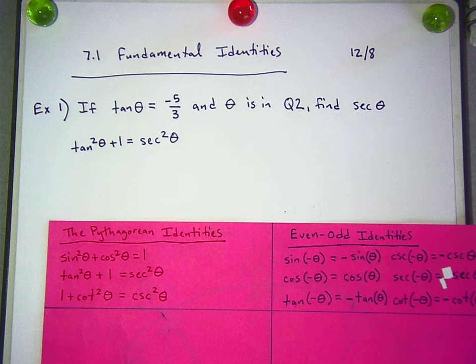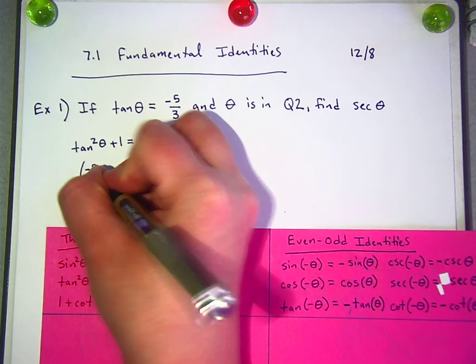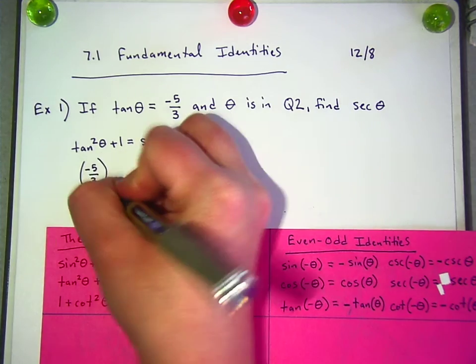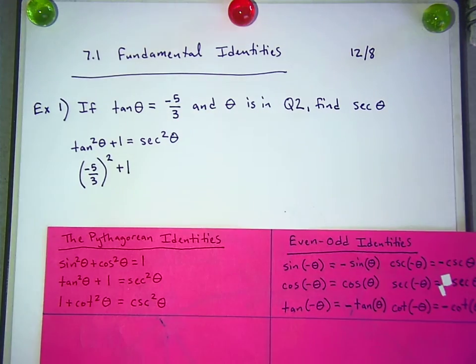Okay. So what should I do next? Plug it in. Notice that when I plug it in, guys, I don't have a theta left. Tangent theta is negative 5/3.